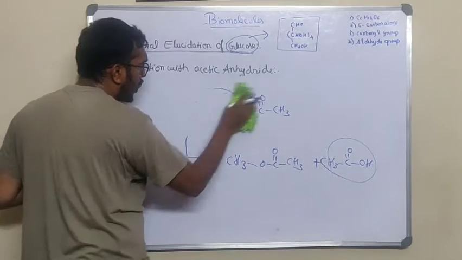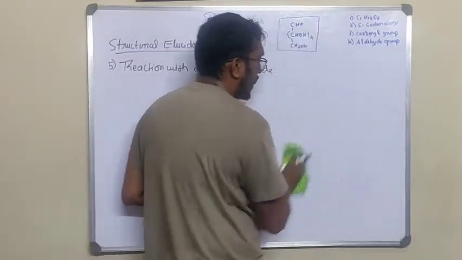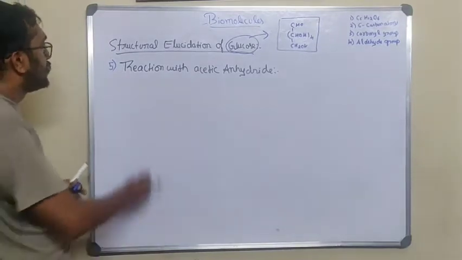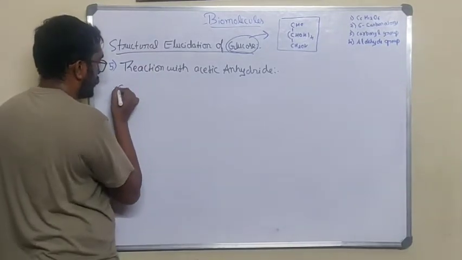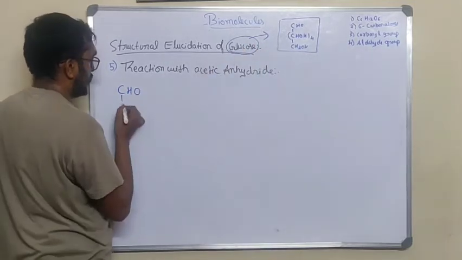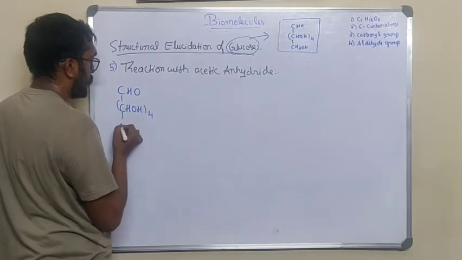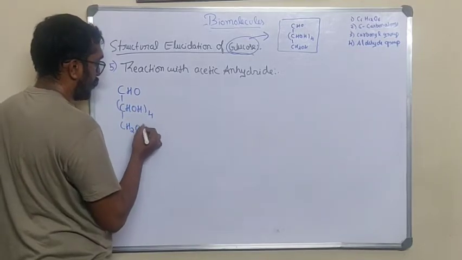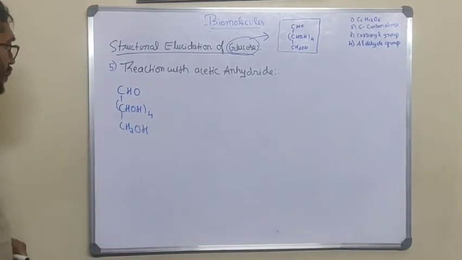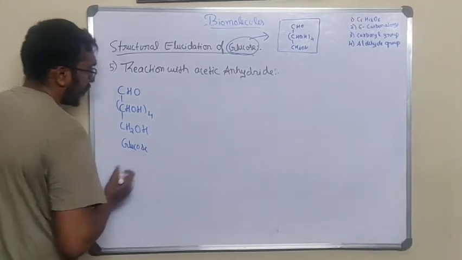So what happens when acetic anhydride reacts with glucose? This is the formula, CHO bond CHOH 4 times bond CH2OH. This is glucose, correct?